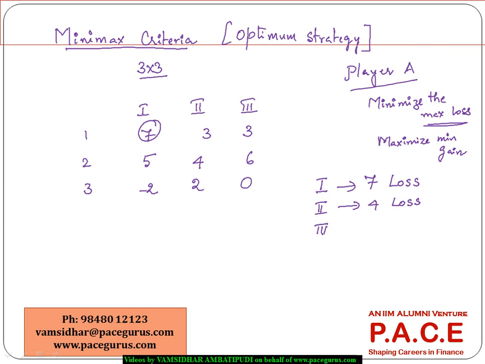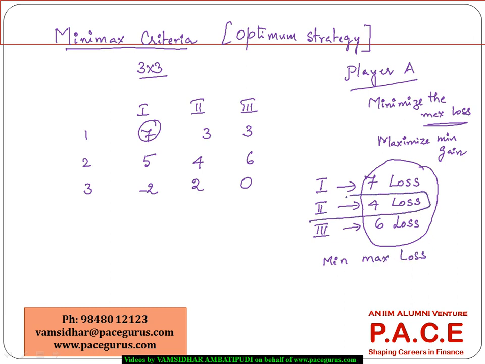And if he is choosing strategy 3, his worst case is going to be 6. So what the minimax criteria says is, these are the maximum losses in each of the three, so you choose that strategy which minimizes the maximum loss. So choose strategy number 2 because that is the one that minimizes your maximum loss.